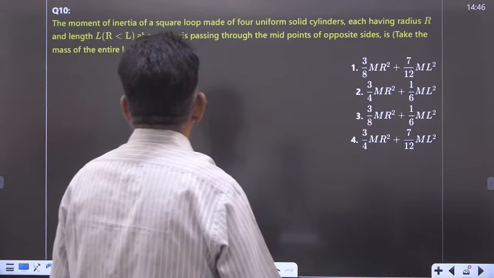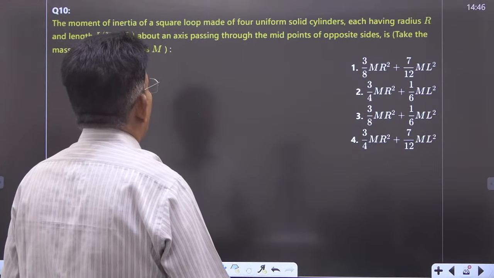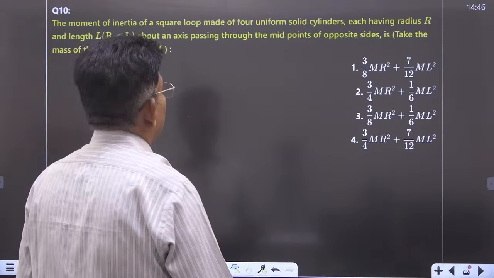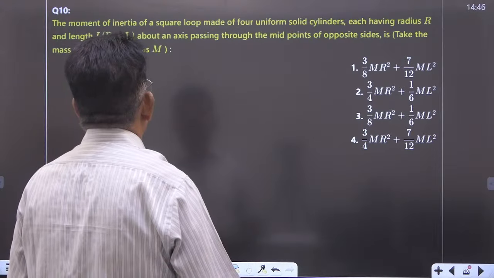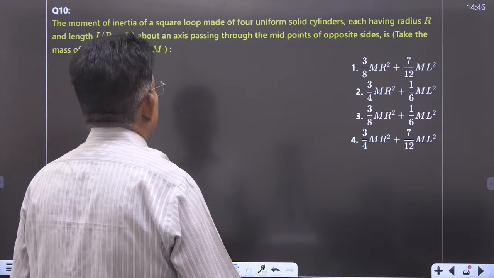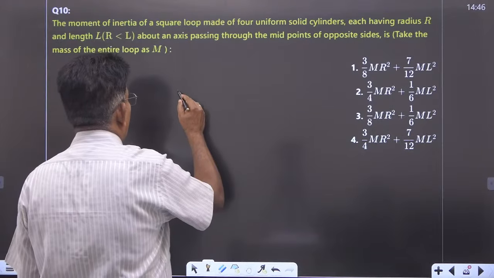Then, moment of inertia of a square loop of solid cylinders, each having radius r and length L, where r is less than L, about an axis through midpoints. Yes, I'm going to draw the diagram.